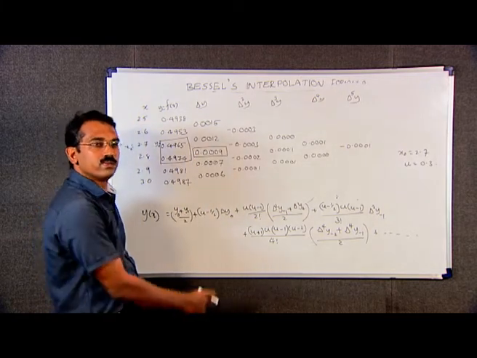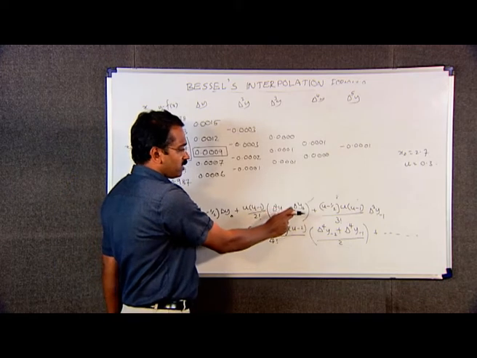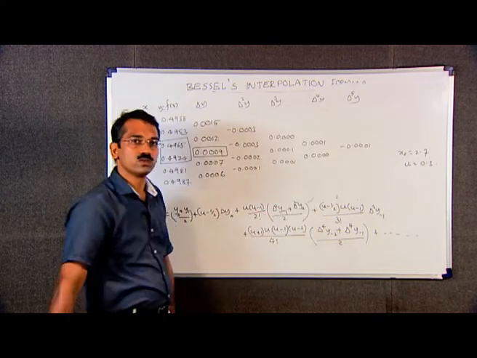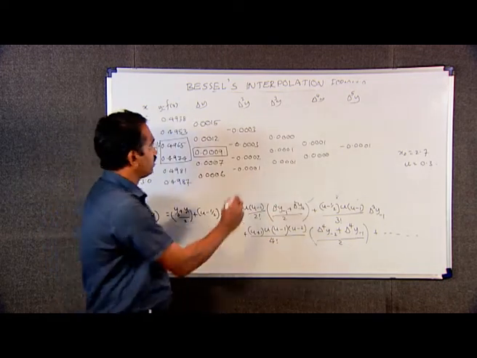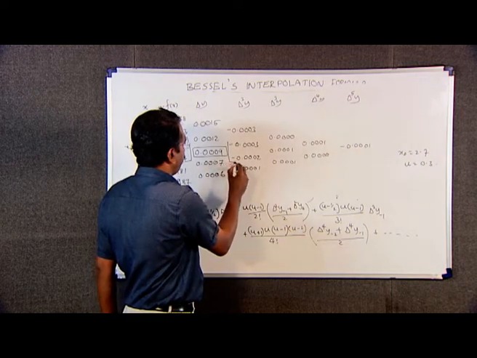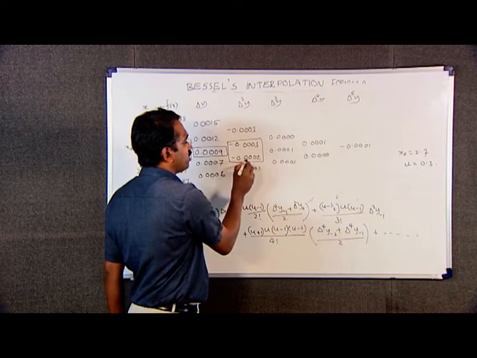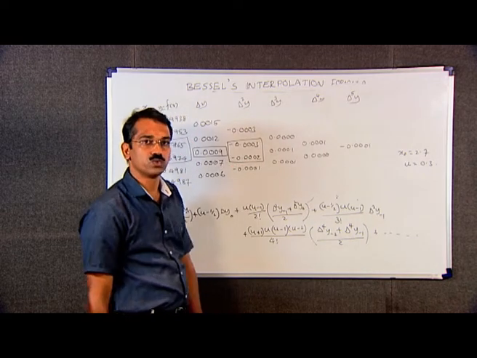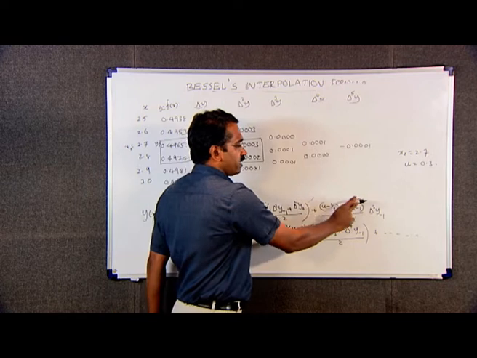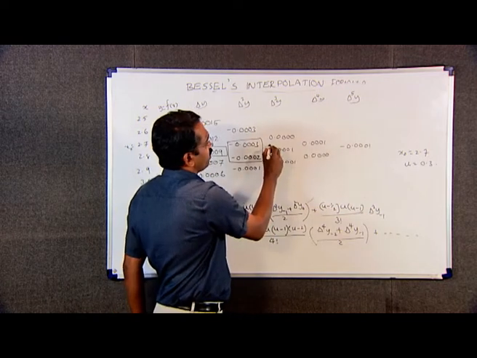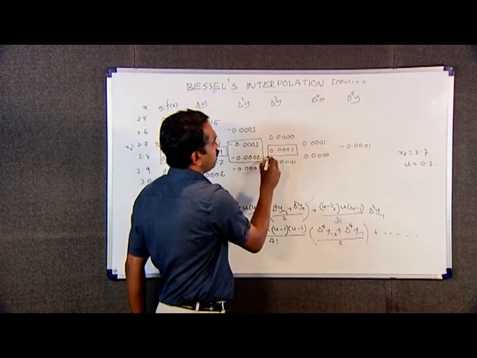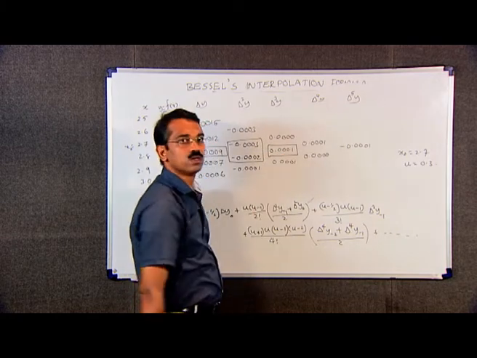In the next term, delta square y minus 1 and delta square y0, which are these two, minus 0.0003 and minus 0.0002. In the next term, delta cube y minus 1, which is 0.0001.